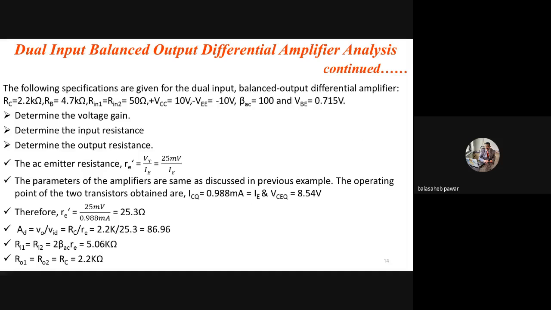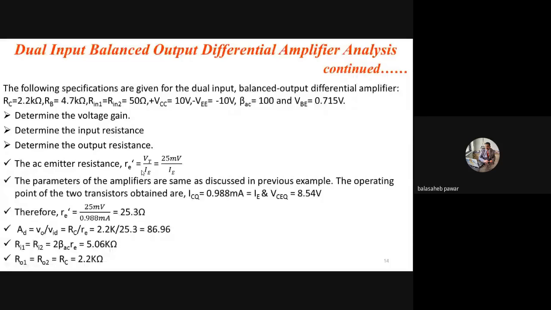So for the AC emitter resistance, you have to remember this formula directly. For the AC emitter resistance, we replace the BJT by its T equivalent model, where small re is mentioned. How is it determined? Simply it is the volt equivalent of temperature divided by IE, the emitter current. The value of VT is 25 millivolts divided by IE.